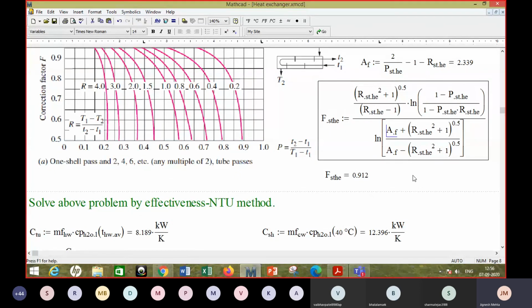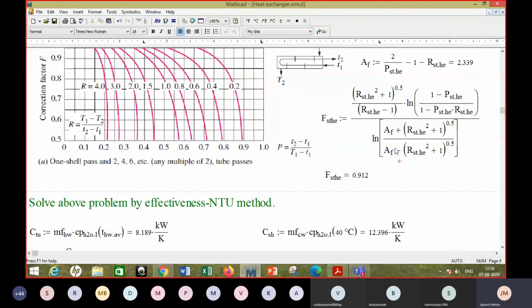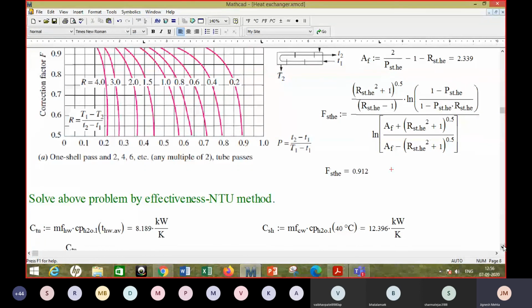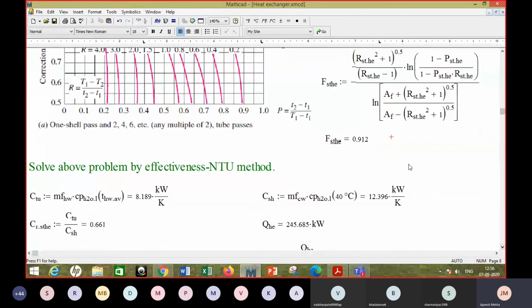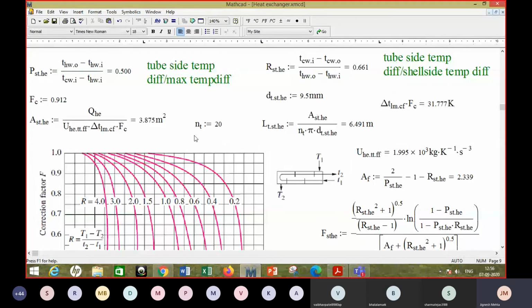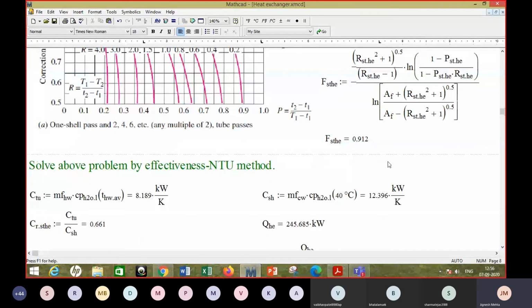This formula is available in the literature for the shell and tube type of heat exchanger, right? So from that you get the F value. So the area answer was 0.875, right? That's the area required. So this could have been done with the effectiveness NTU method also. So please try it that way.